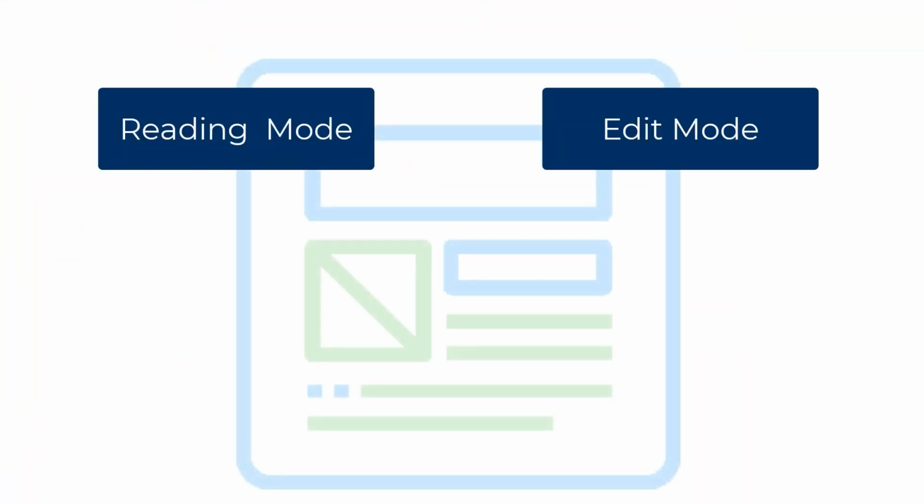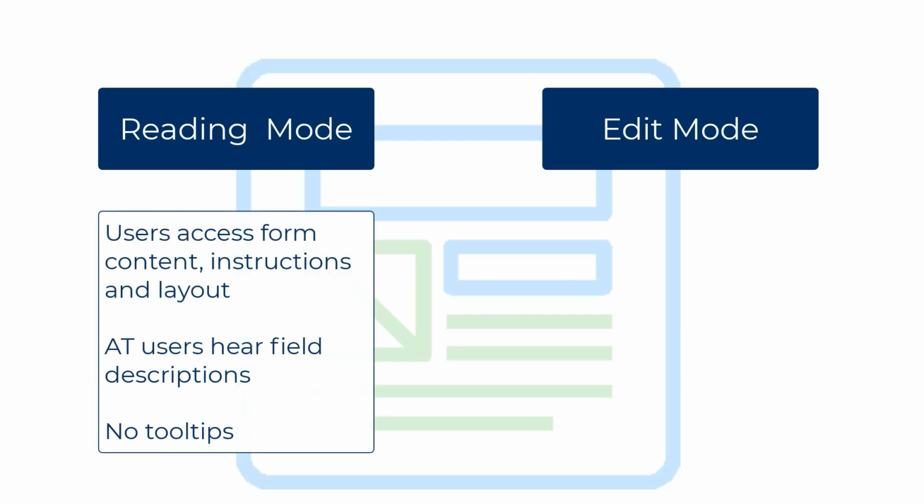When someone using assistive technology, such as a screen reader, interacts with a fillable PDF form, the interface behaves in two fundamentally different modes: reading mode and edit mode. These modes are separate and each play a specific role in how form fields are presented and understood. Reading mode is useful for letting users understand the form's context, instructions, and layout before they enter values.